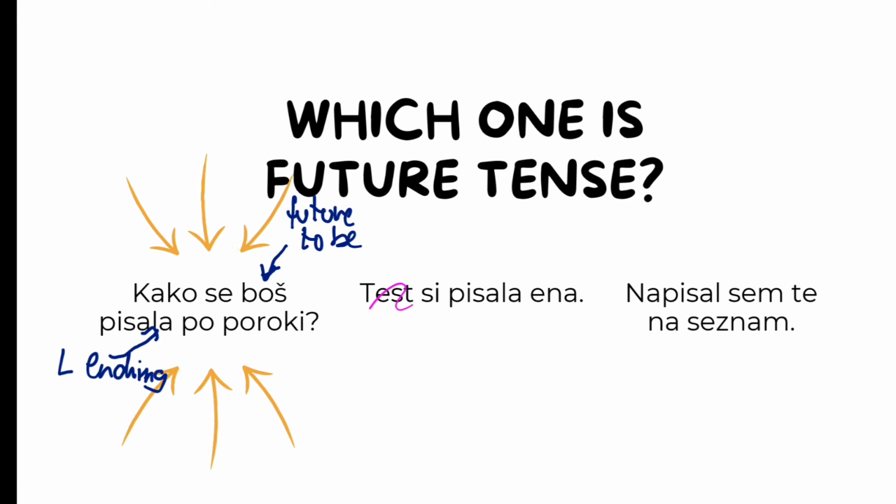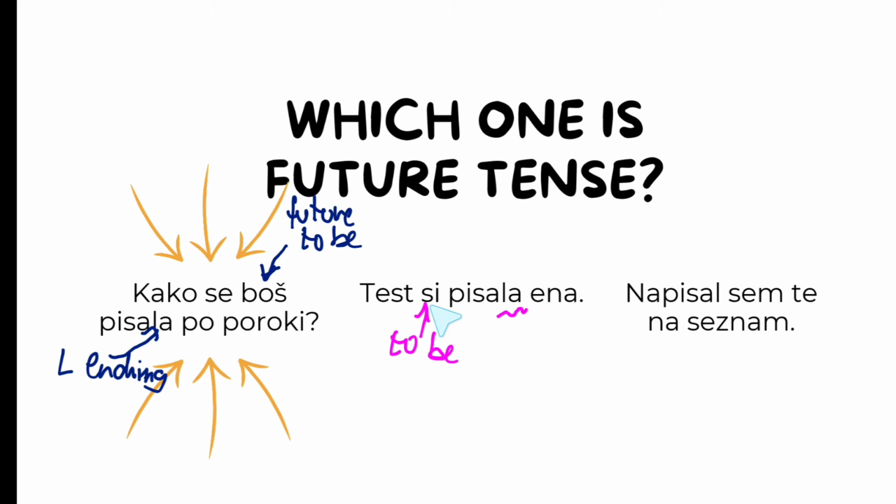So, test si pisala ena. So here we have the L ending, but here we have regular to be. Okay? Test si pisala ena. So test, you wrote one. It basically means you failed the test. Okay? And because we don't use the future to be, that's how we know this is past tense.